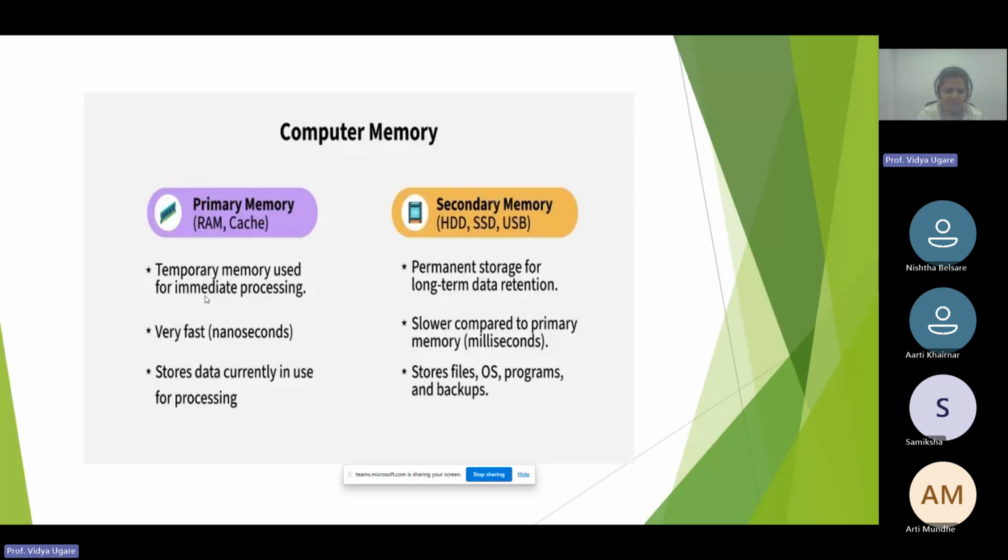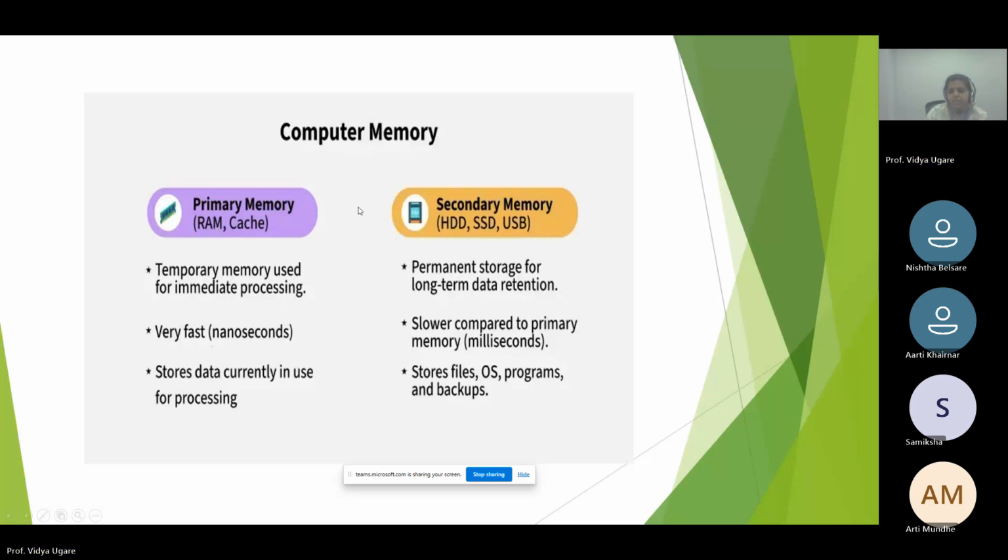It is with a very limited capacity, but very fast. Everything it executes in just nanoseconds. It stores the data currently being processed in the instruction execution cycle.